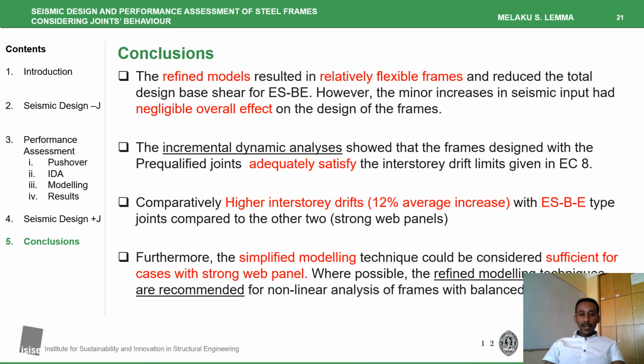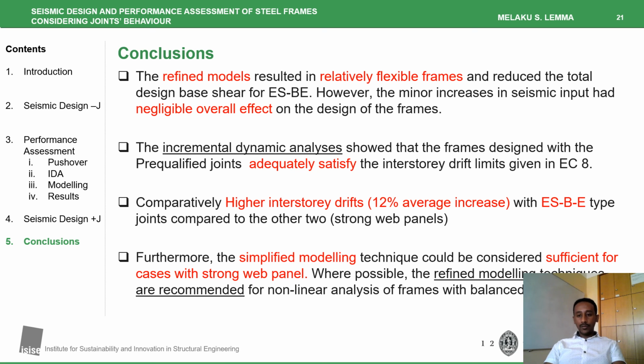In conclusion, it can be said that the refined models could be useful in modeling the web panels, and particularly for balanced web panels. However, the overall design results were not changed, so they had negligible effect. The incremental dynamic analysis showed that the frames designed adequately satisfy code requirements.